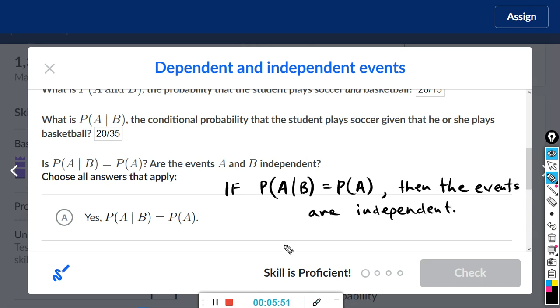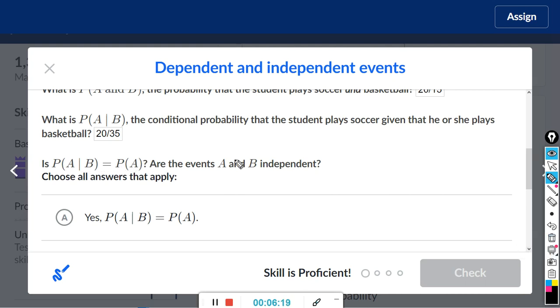That makes sense, because here we're asking the probability of A given B. If the given B doesn't matter, then the probability of A given B should be the same as just the probability of A. Because if the events are independent, the given B shouldn't even matter. So if this question is a yes, then A and B are independent.